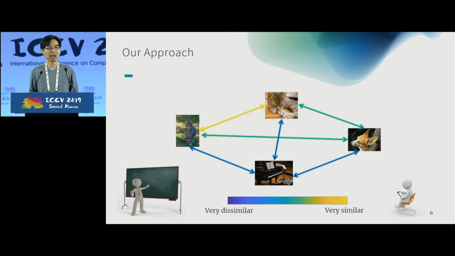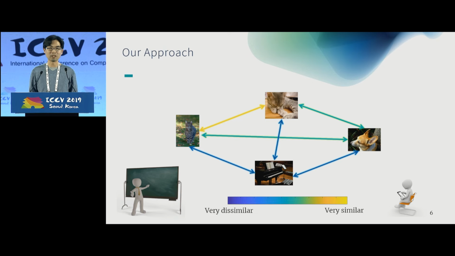Instead of mimicking how the teacher responds to particular inputs, our idea here is to try to have the network learn from the pairwise similarities. In other words, we try to preserve the pairwise similarity between the inputs. If two input images produce highly similar activations in the teacher network, we would like those two inputs to also produce highly similar activations in the student.